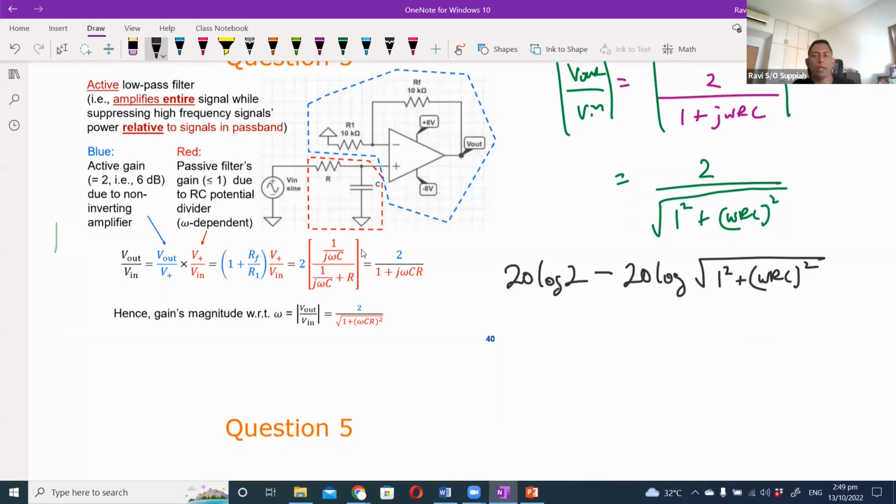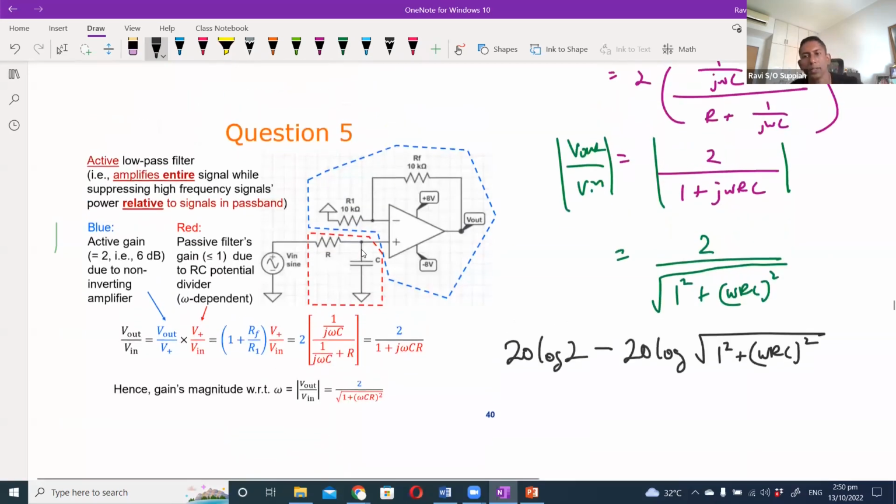When you look at this expression, you will notice two components. What are the two components? This first component is your pass band gain. Why is it the pass band gain? Because there is no omega, no frequency component here. That means this is the gain that you will get at all frequencies, correct?